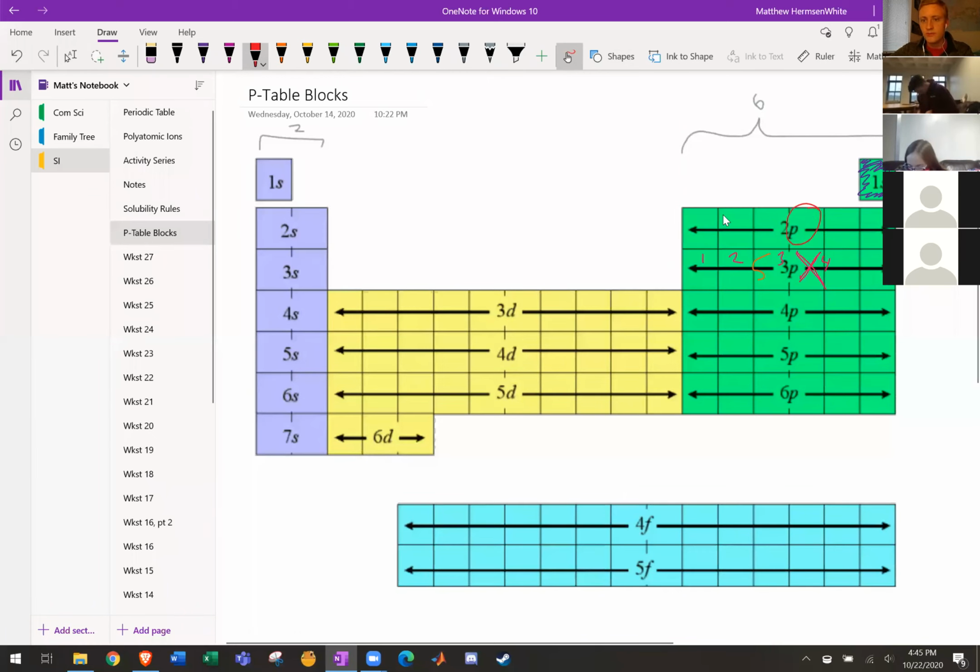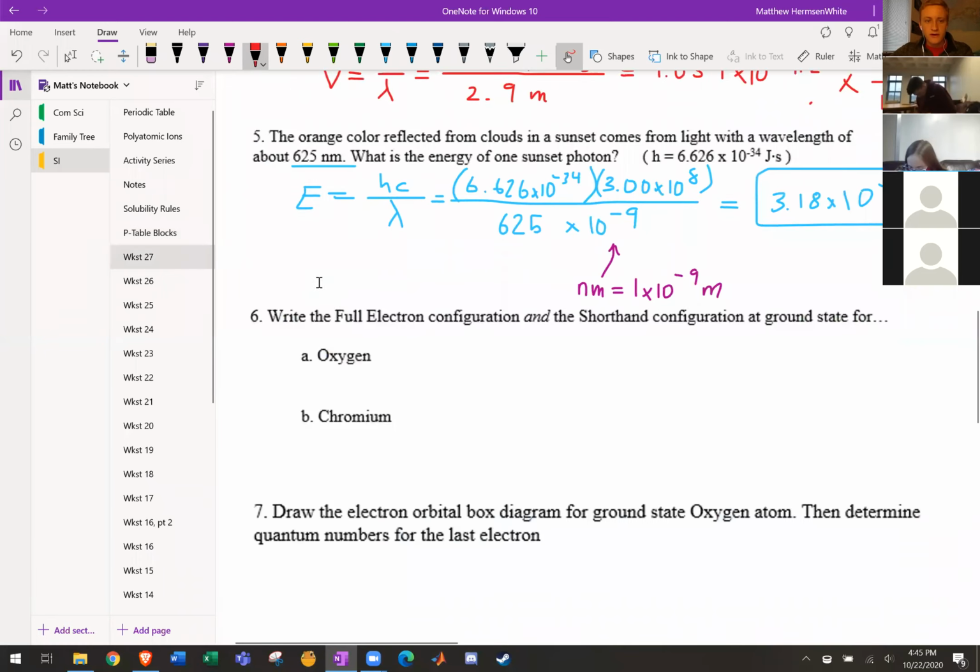So we're in the 2p, the 4th box in the 2p. Let's begin writing our configuration. We have 1s with 2 electrons, 2s with 2 electrons, and 2p with 4 electrons. So that would be our full configuration.